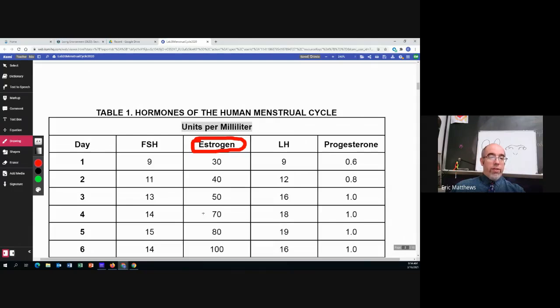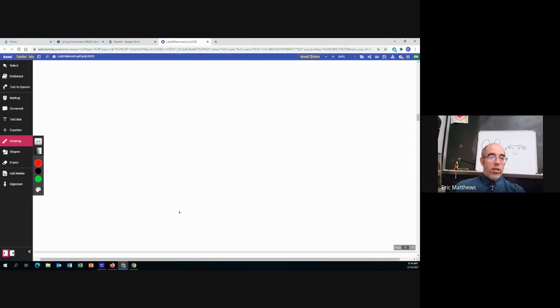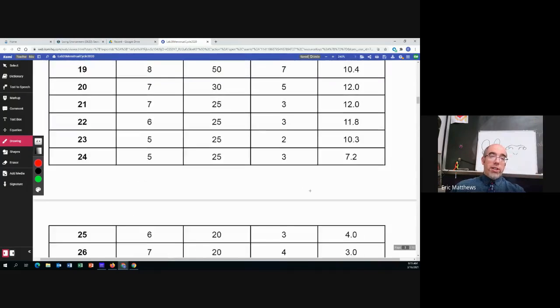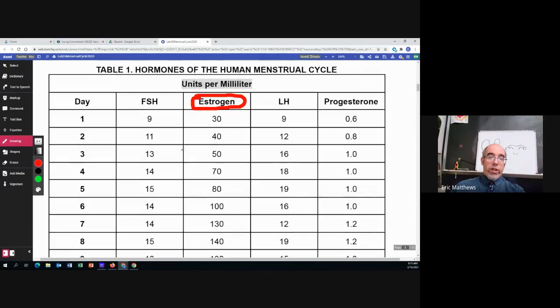So 30, 40, 50, and then up to 70, et cetera, et cetera. Progesterone is way over here on the far side. 0.6, 0.8, 1, 1.